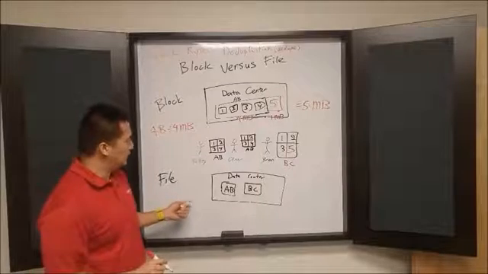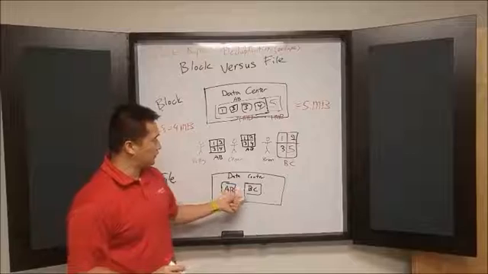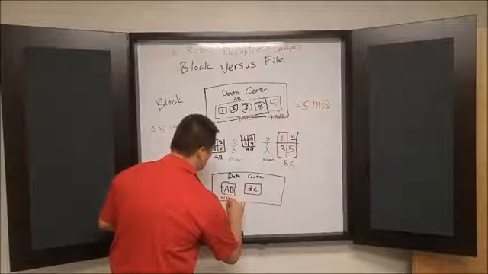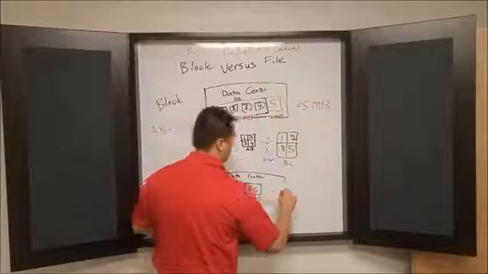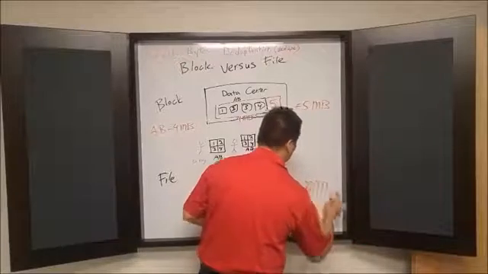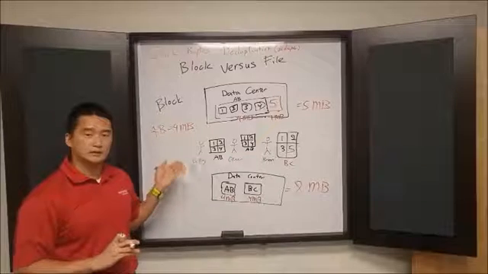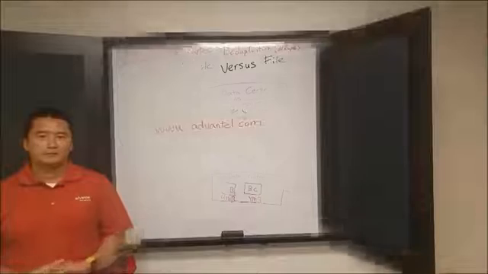Now, at the file level, if Brian made that exact modification, we'd have to have 2 copies. And therefore, the result will be 8 megabytes occupied. As you can see, those are the differences between block and file level deduplication.